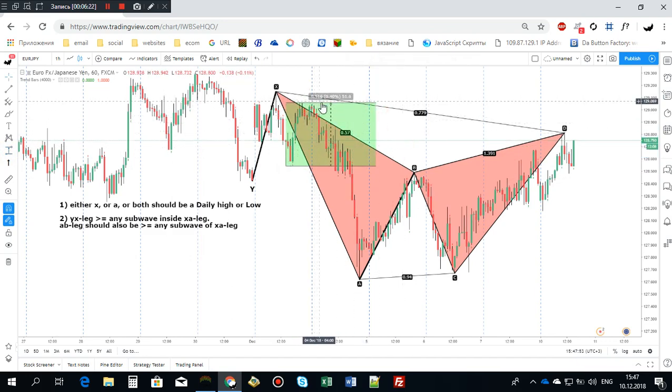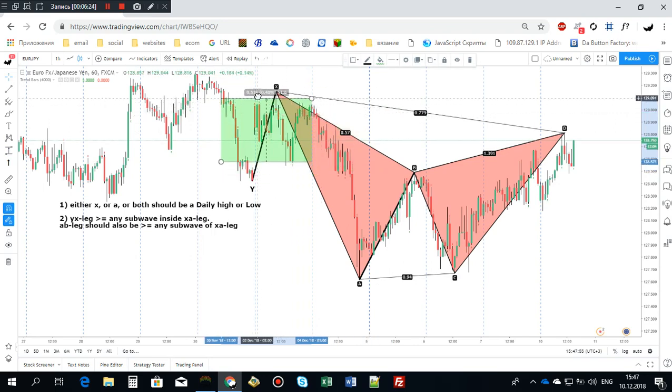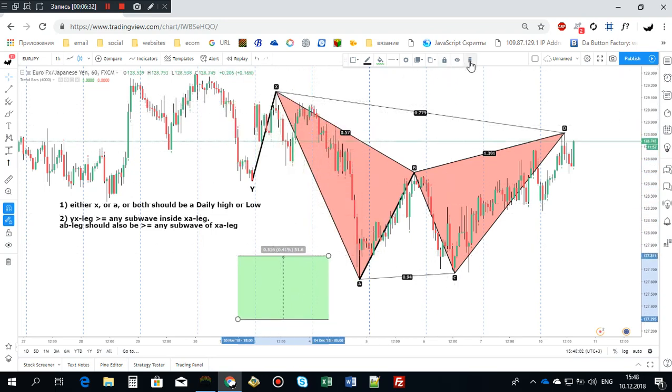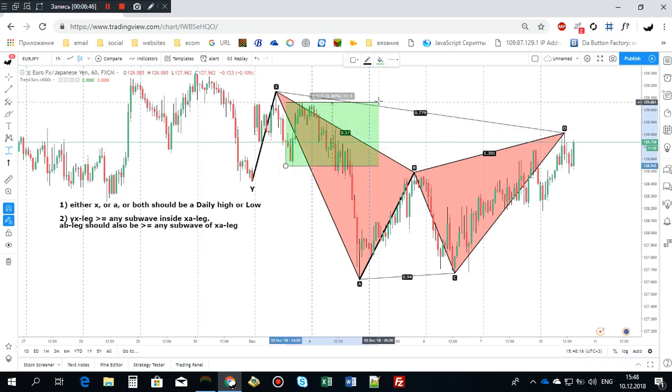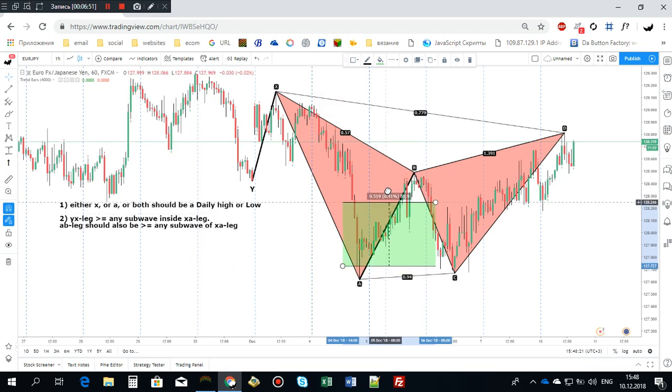It is 51.6, and it should be less than the Y to X leg, and it is less. So you don't break any guidelines, you don't break any principles if you draw the pattern this way, and although you have this movement, it is still okay. Let us measure it once again and compare to the second leg like this. It is less than A to B, you see, less than YX and less than AB.